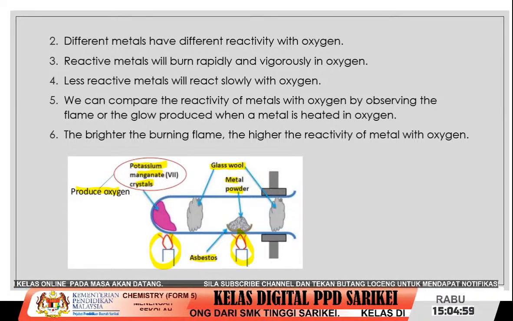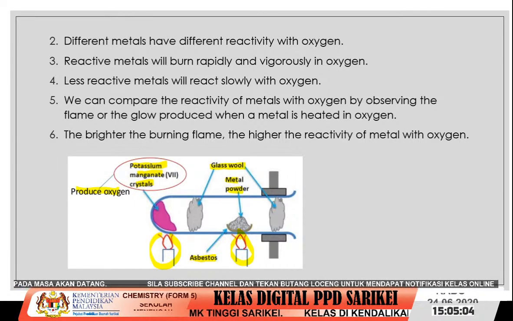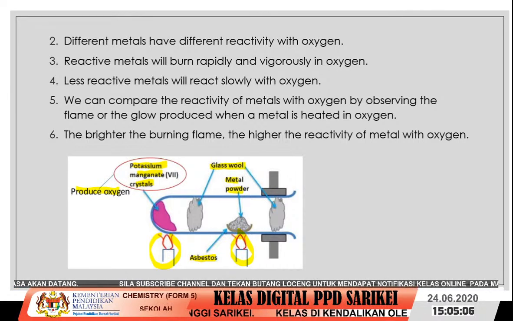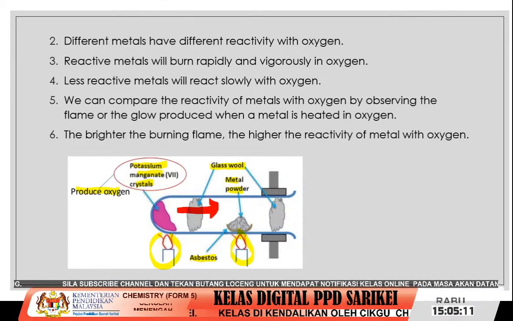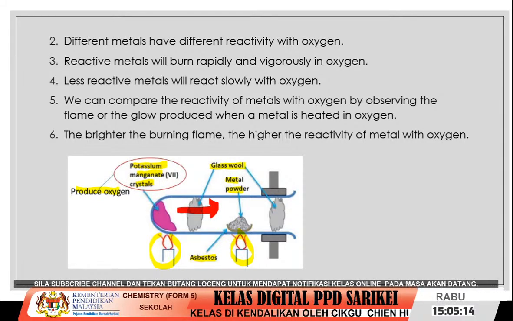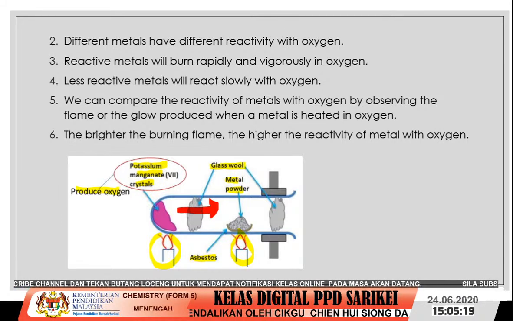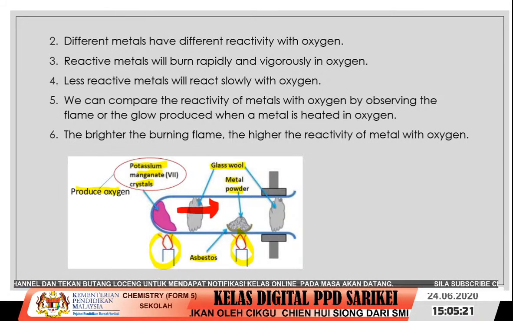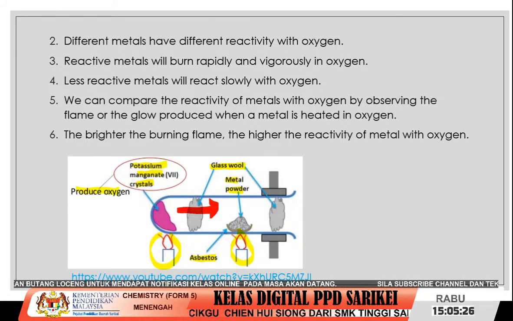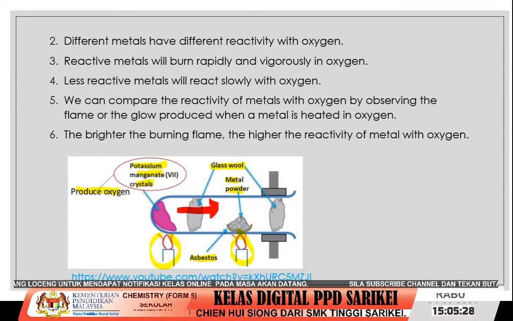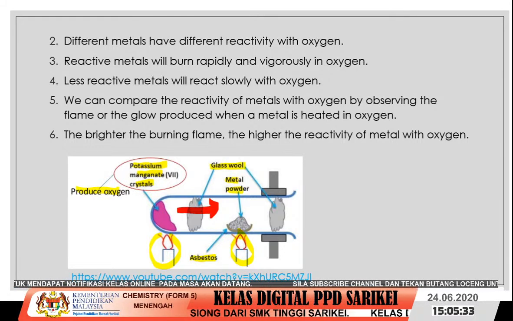The oxygen gas released during the decomposition of potassium manganate(VII) crystal will flow through the glass wool and start to react with the hot metal powder to form the metal oxide. You can click the link provided here to watch a video of demonstration for the reaction between different metals with oxygen.